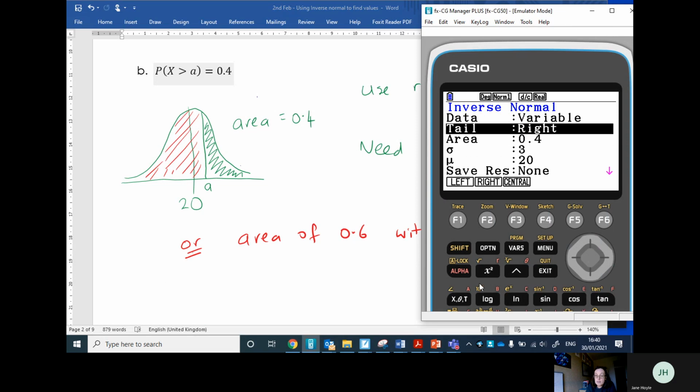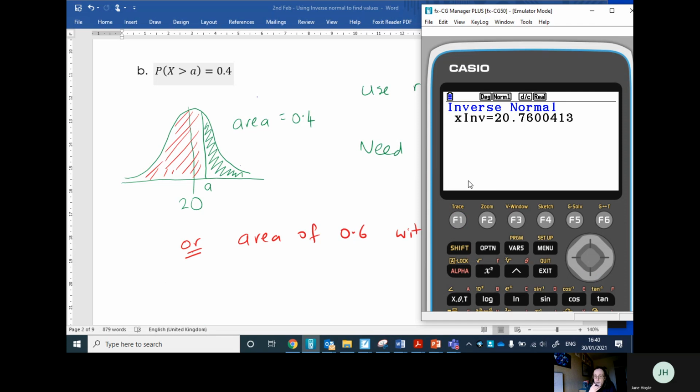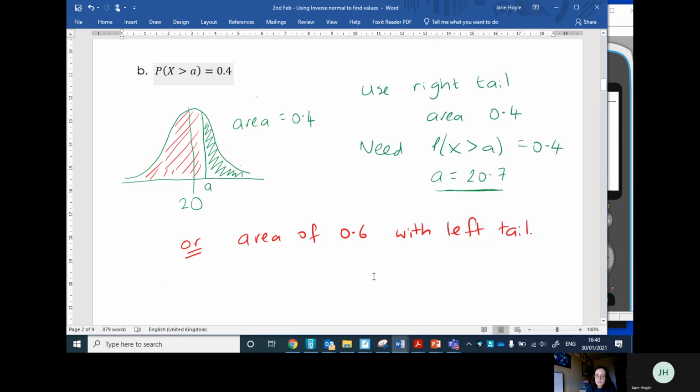So change that to left and change this to 0.6. 20.76. 20.7 was the previous one, 20.76, and I just did some shocking rounding. A is 20.76. I'm going to have to go back and look.